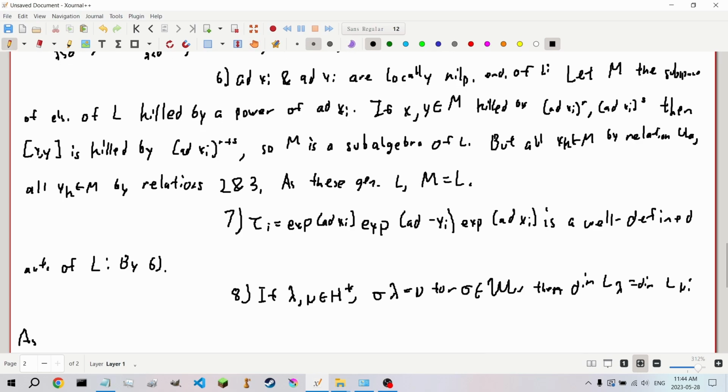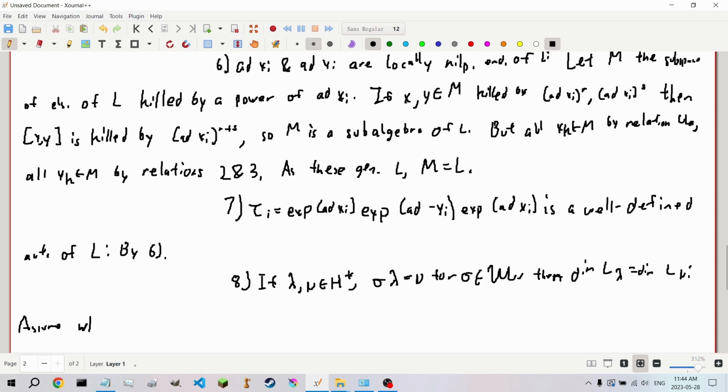Assume without loss of generality that our element of the Weyl group is a simple reflection because it would generate the Weyl group.